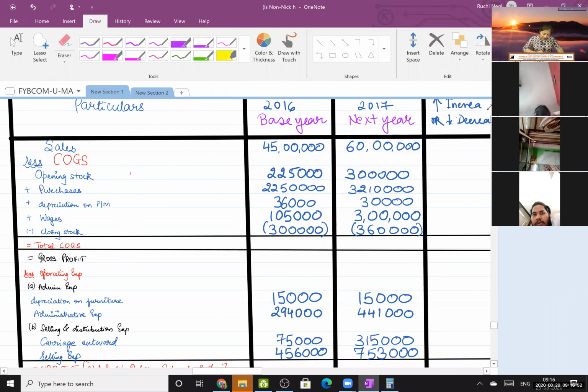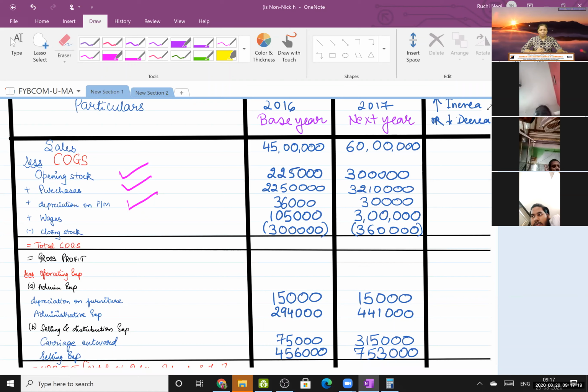Next, add purchases, 22,50,000 and 32,10,000. Then depreciation on plant. COGS में क्या क्या आएगा?